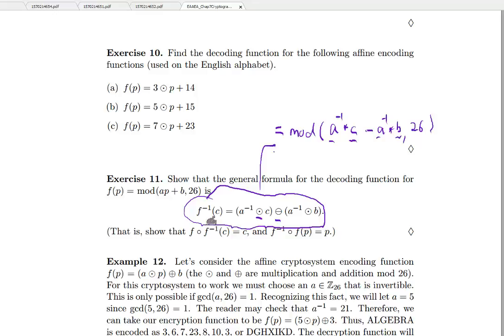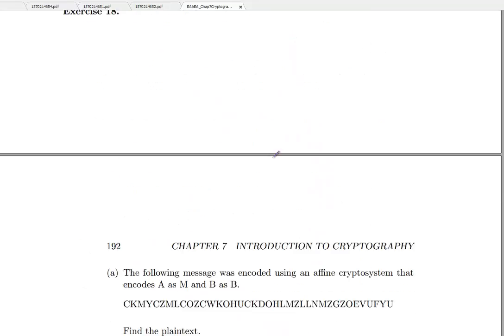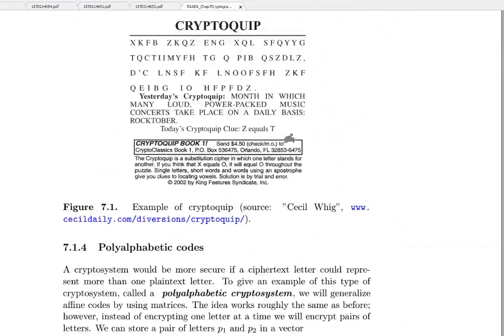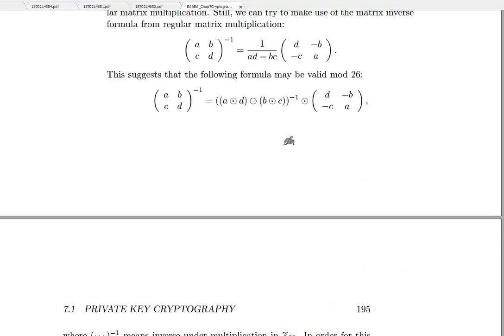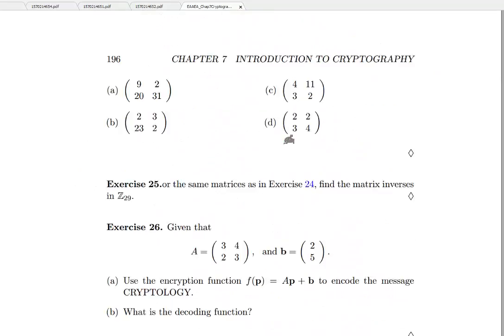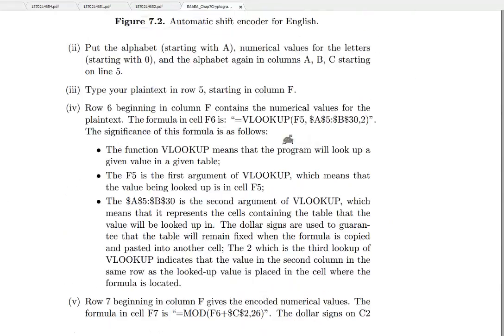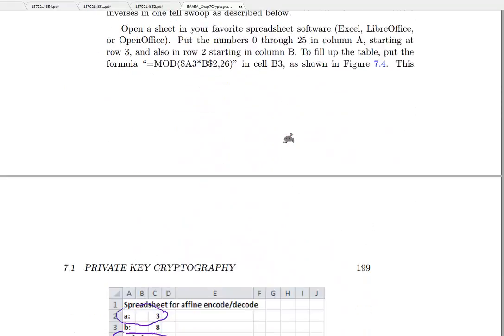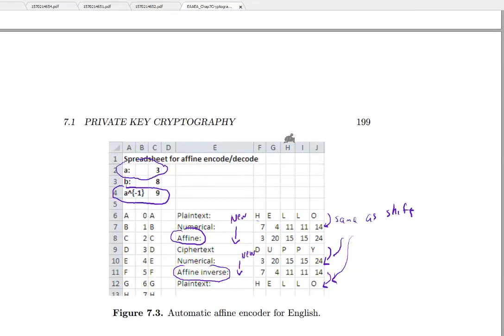For instance, if you need A inverse, going back to the spreadsheet, you will simply click on the A inverse cell, which is way down there. In the formula for shift, you'll need an A. You'll just click on this cell here. So you refer to the cells to get you the values that you need.